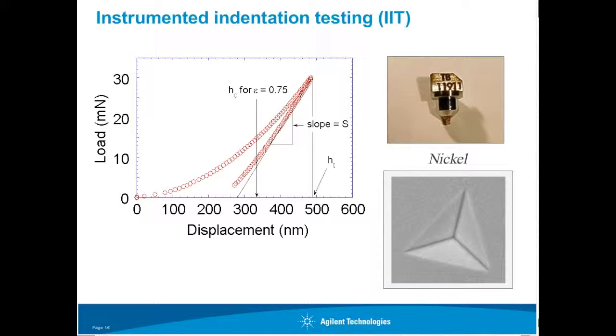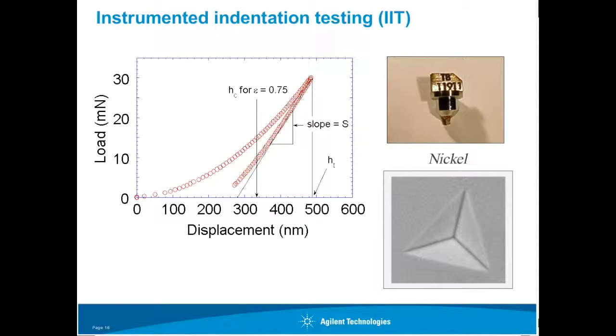The origin of this plot at 0, 0 is when the indenter first touches the sample. Then we increase the force, and that moves the indenter into the sample. We increase the force up to some peak force, and then we start to reduce the force.